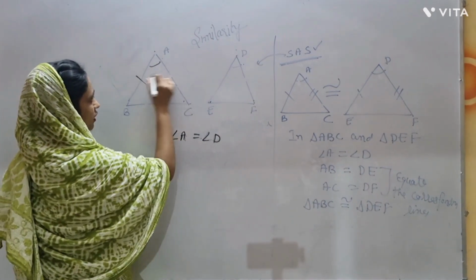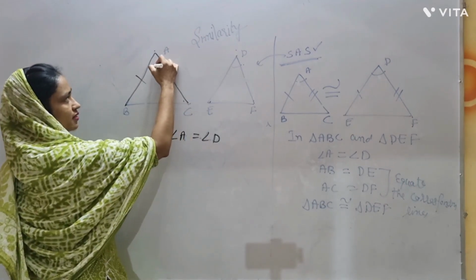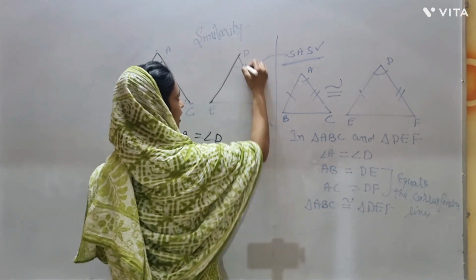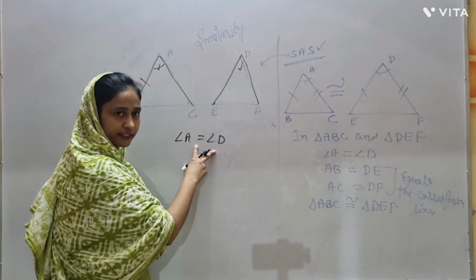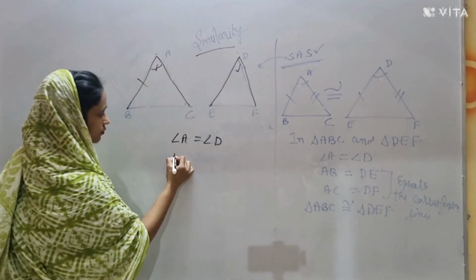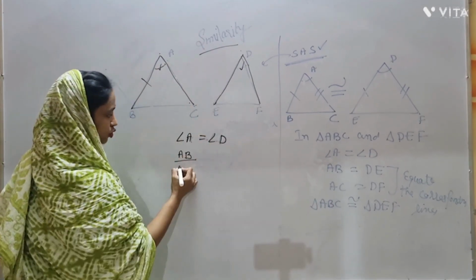This means these two lines AB and AC are making angle A, and DE and DF are making angle D, which we have equated here. In case of similarity, we will see whether the corresponding sides are in proportion or not.